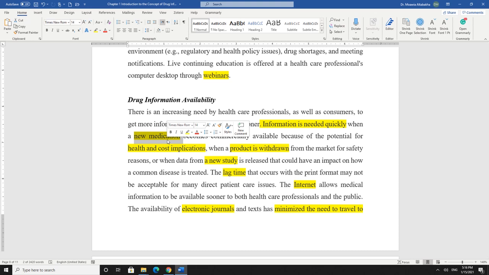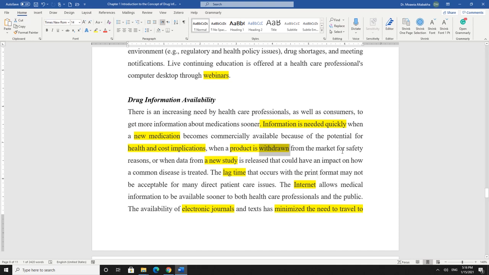If there's a new medication for better managing a disease, it can make a difference, so I need to access such information. Also, if a product is withdrawn, I need to know, because if it is withdrawn, then I should not be using it.